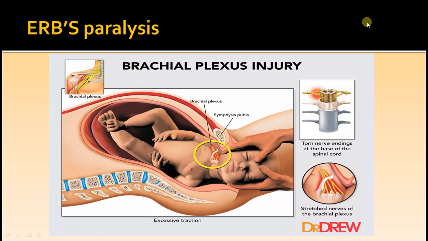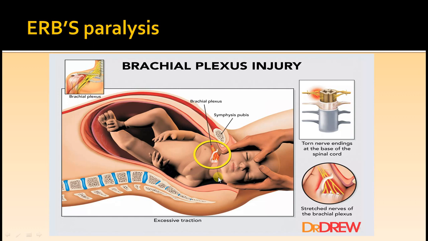The first type is called Erb's paralysis. Erb's paralysis is injury to the upper trunk of brachial plexus, which is C5, C6. When does this take place? When your shoulder is separated away from the neck due to traction, mainly during parturition in babies.